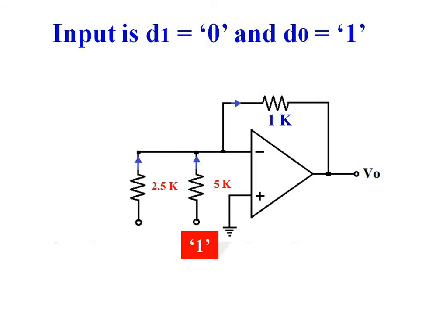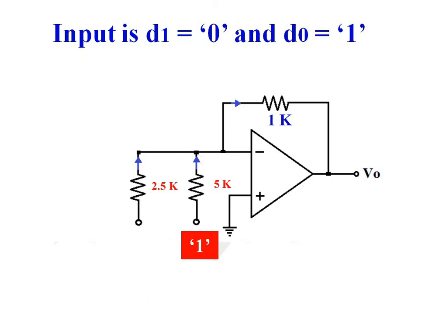Now the second input combination 0, 1. D0 is equal to 1. When D0 is equal to 1, the corresponding resistance of the binary weighted resistor network is connected to reference voltage plus 5 volt.